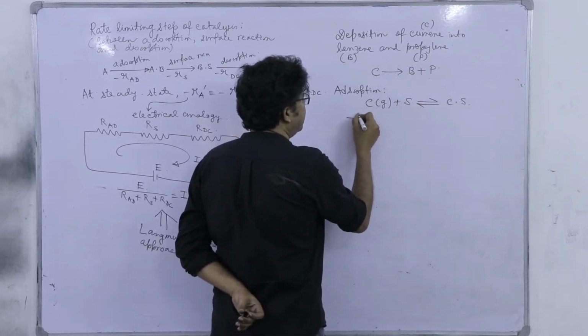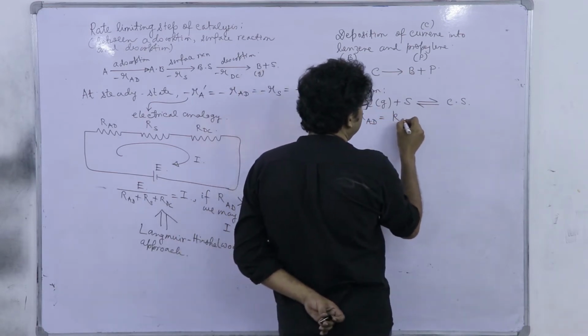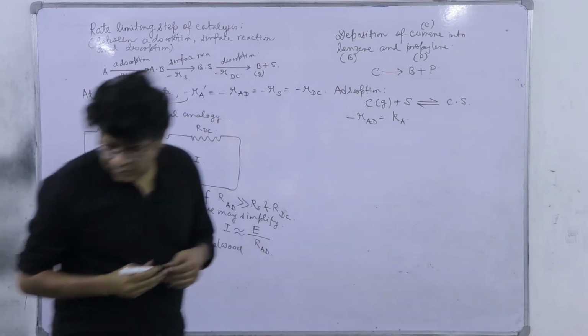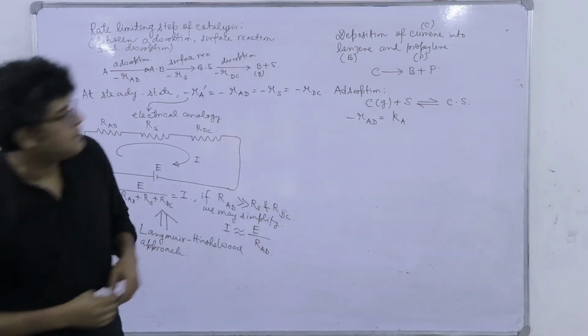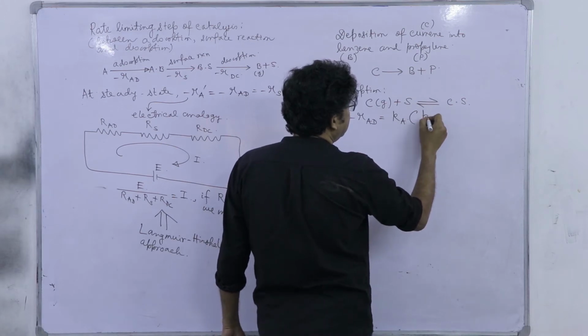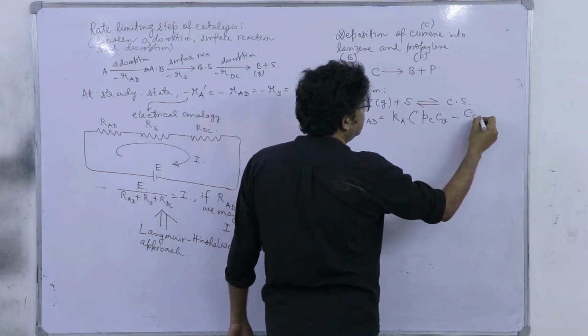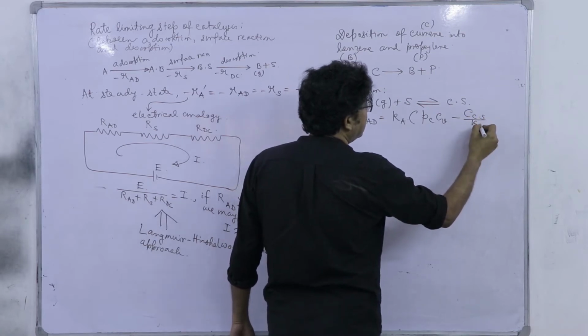So, here the rate of adsorption is Ka, Pc Cv, the forward reaction, minus C dot S by Ka.